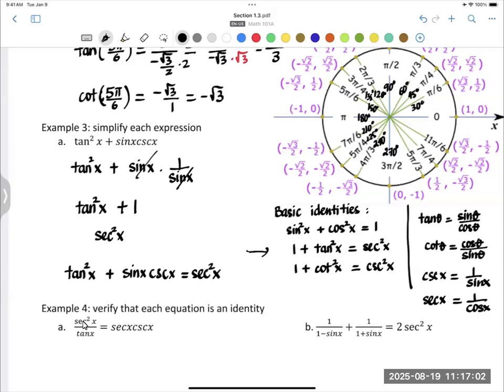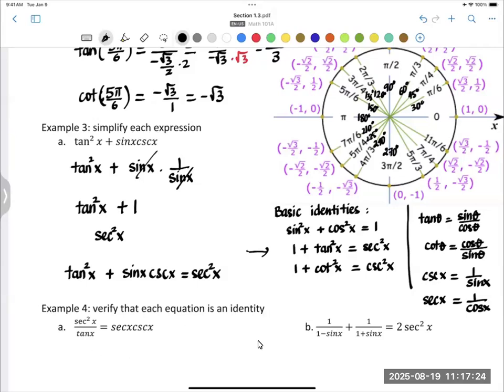We don't know: is secant square x over tangent x equal to secant x times cosecant x or not? So what we have to do is use one side, one expression, and simplify it to get the other side and see if it is the same as this one.